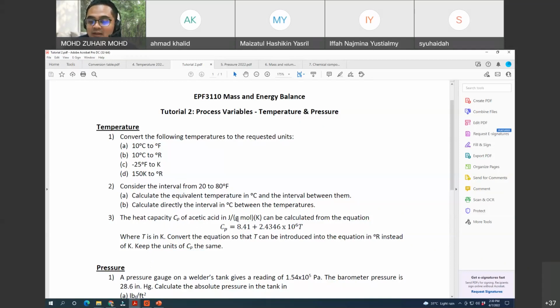However, for this one, it doesn't require you to do the second step, which is to change the unit of joule per gram mole K, because it's stated here, keep the unit of Cp the same. So we just need to change the T. We skip the second step.